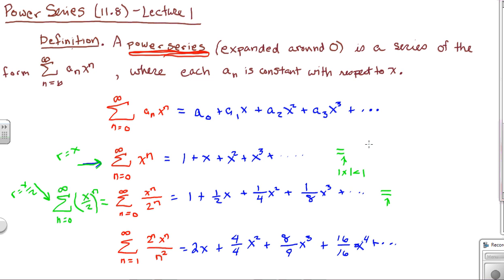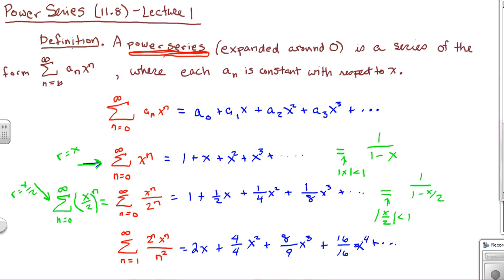Otherwise, it diverges, and it converges to 1 over 1 minus r, 1 over 1 minus x. In the second one, it's going to converge when the absolute value of x over 2 is less than 1, and that's going to converge to 1 over 1 minus x over 2.